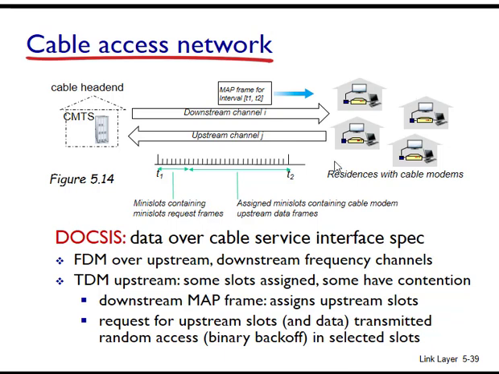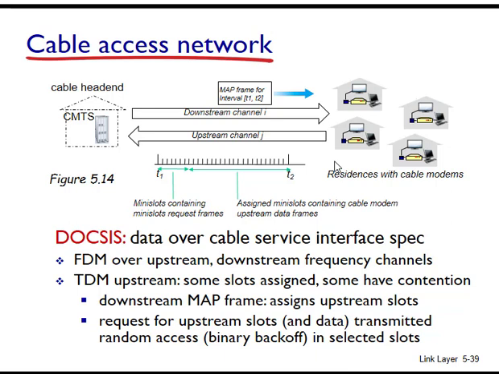These mini-slot request frames are transmitted in a random access manner and may collide with each other. A cable modem can neither sense whether the upstream channel is busy nor detect collisions. Instead, the cable modem infers that its mini-slot request frame experienced a collision if it does not receive a response to the requested allocation in the next downstream control message.